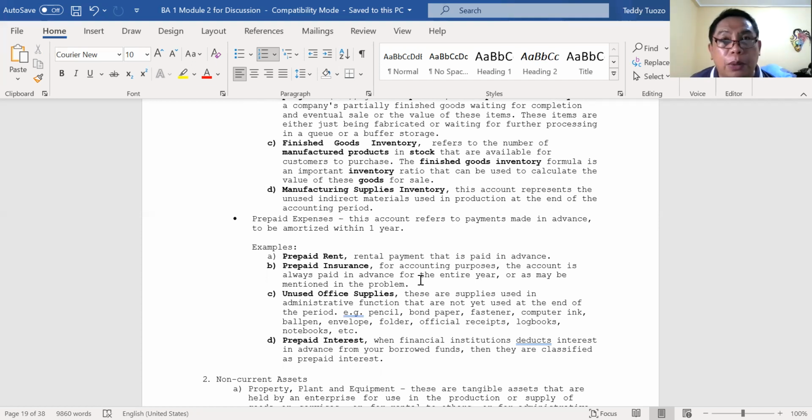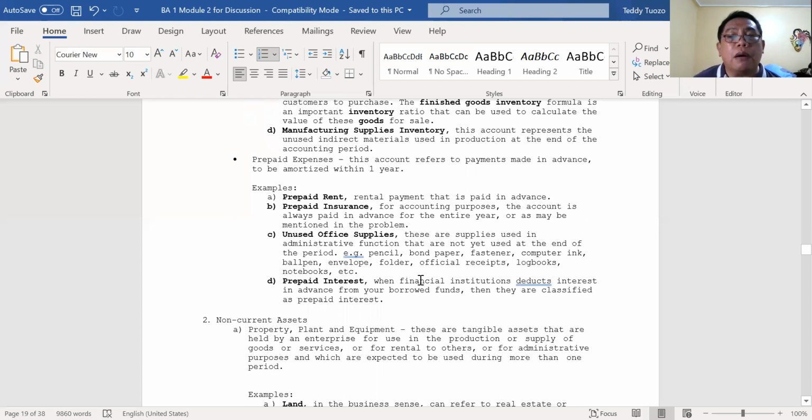So what is the difference between prepaid rent and the rental deposit? The prepaid rent will be classified as expense as they are consumed, or as the space is used. But the deposit would only be returned to you when you are no longer renting the space.